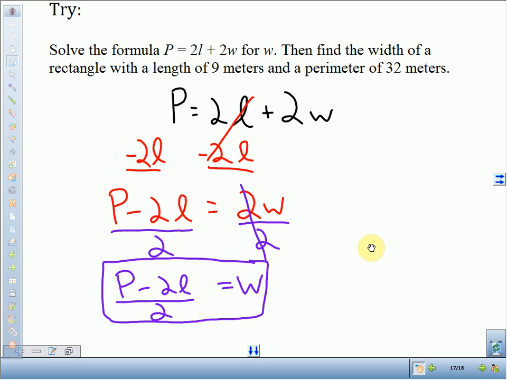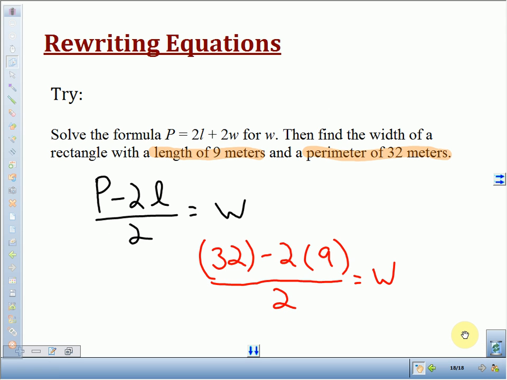I'm going to use this equation to answer the next question. The next question, of course, is what is the width when the length is 9 and the perimeter is 32?